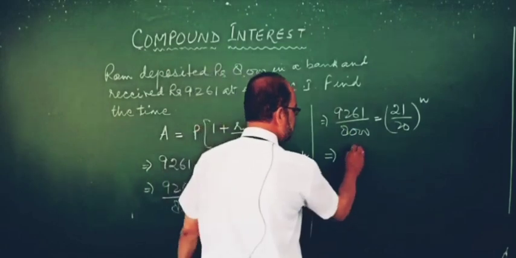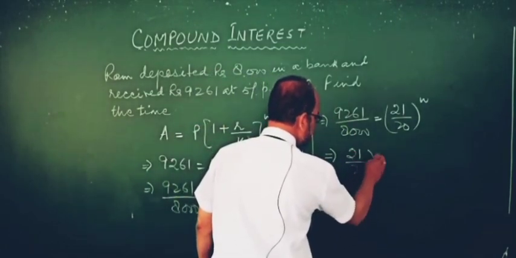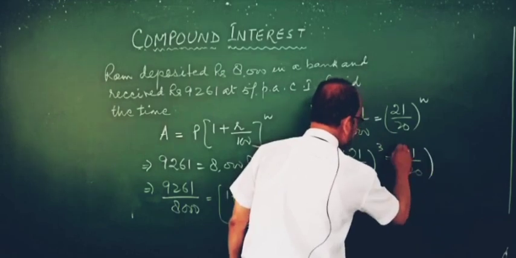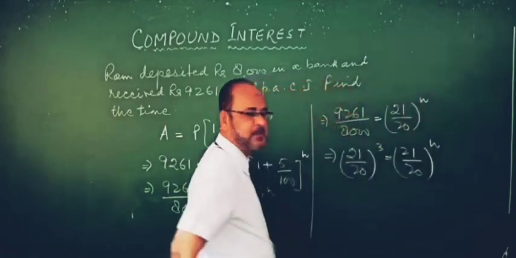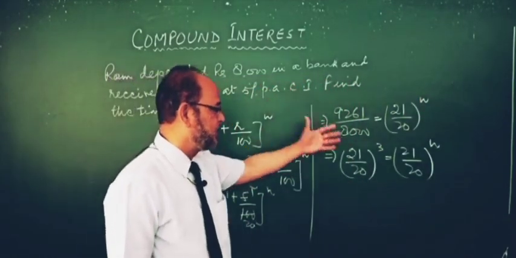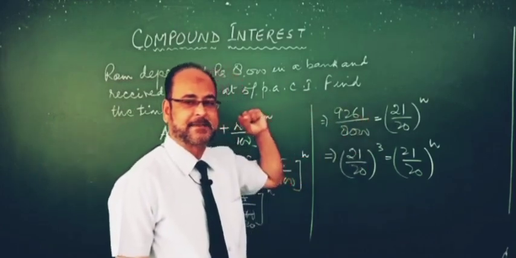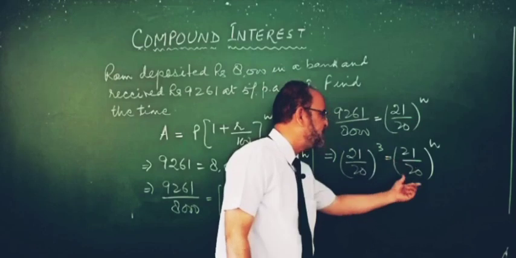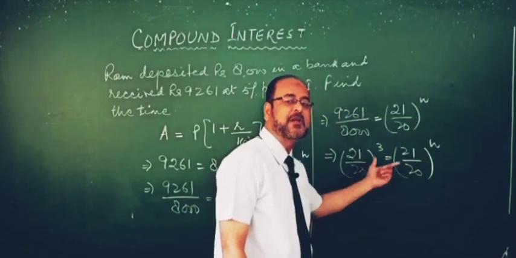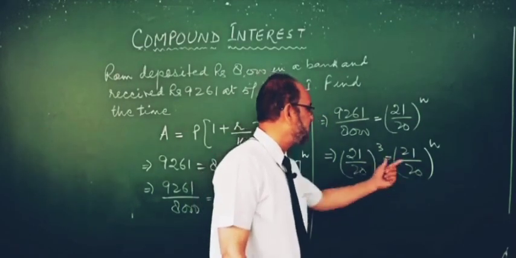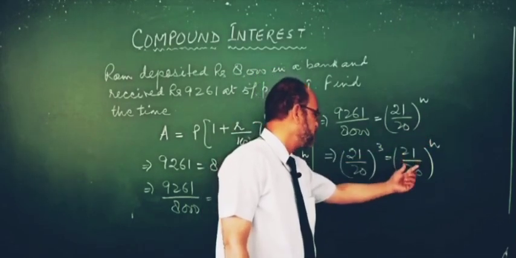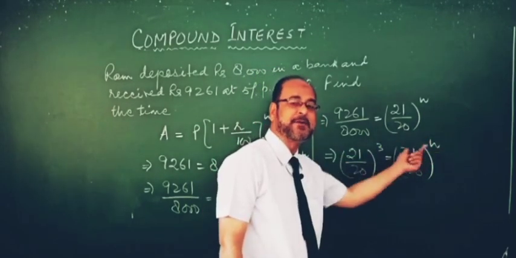So we can write it here, 21 upon 20 cube equals to 21 upon 20 to the power n. Now here comes the laws of exponents. Laws of exponents says that if two exponential numbers are equal and if bases are same, then their powers will be equal. So here, since the bases are same, the powers will be equal.